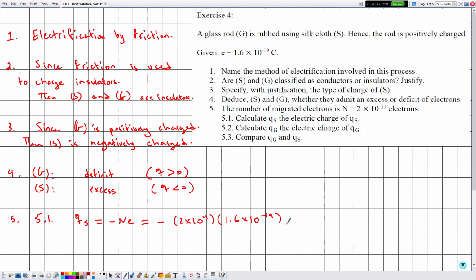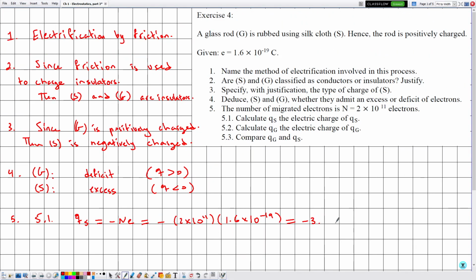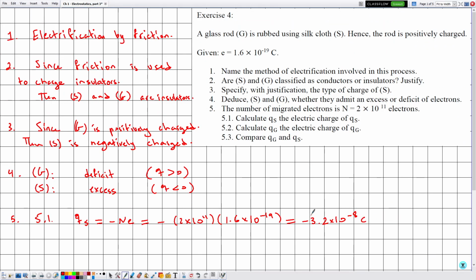Plugging this numerical expression into the calculator, because we have a minus sign, it would be minus 3.2 times 10 to the power minus 8. Since this is expressed in coulombs, remember that all quantities in physics must have a unit.